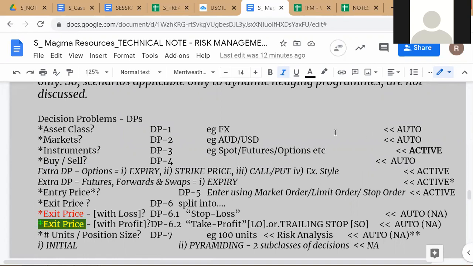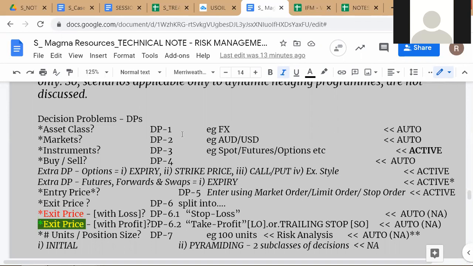As we saw, there is some change in the first two, because we don't have to actively think about these things. These are already on the balance sheet. The KRF markets are already on the balance sheet. We identify the KRFs, we know the KRF markets, and from the market, we know the asset class. If it's oil, it's commodities. If it's dollar yen, it's currencies. So these first two are automatically solved in the sense that we don't have to do anything actively to decide which market or asset class to operate in.